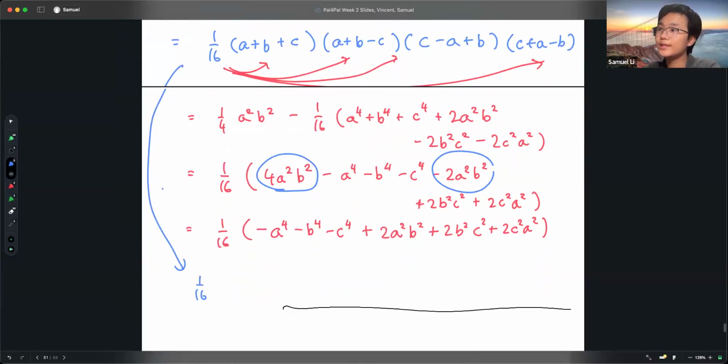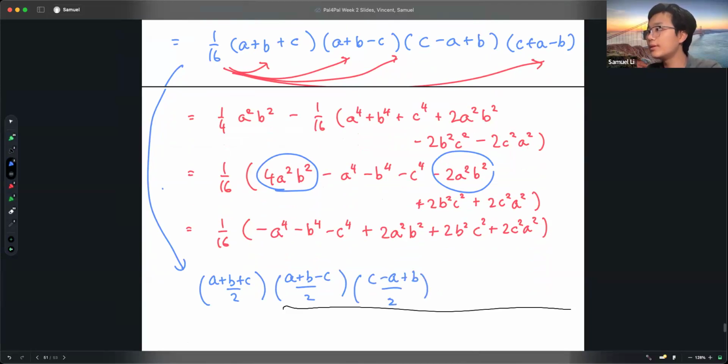This is equal to 1 over 16 times a plus b plus c over 2, times a plus b minus c over 2, times c minus a plus b over 2, times c plus a minus b over 2.